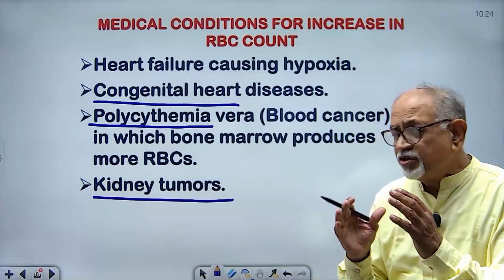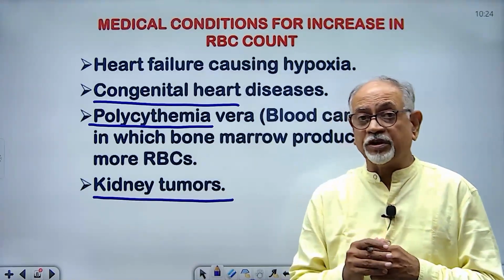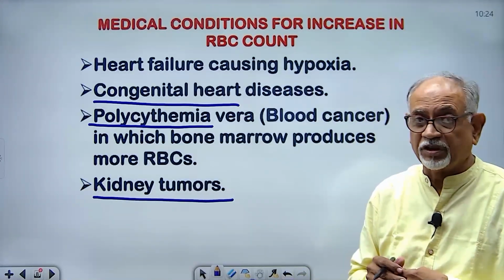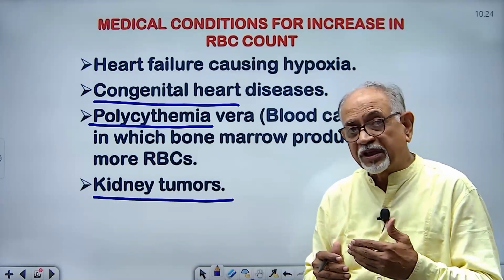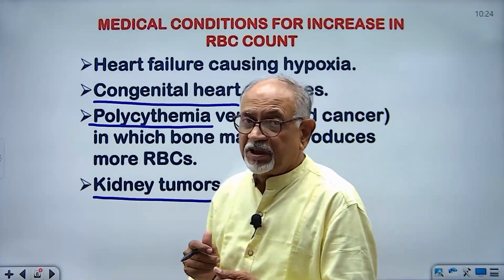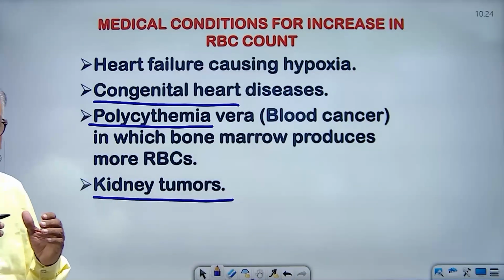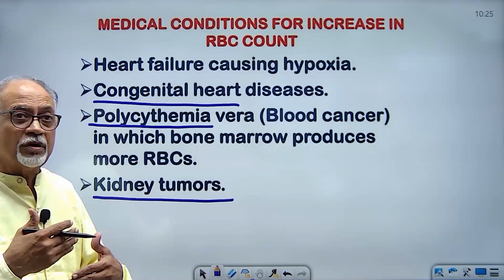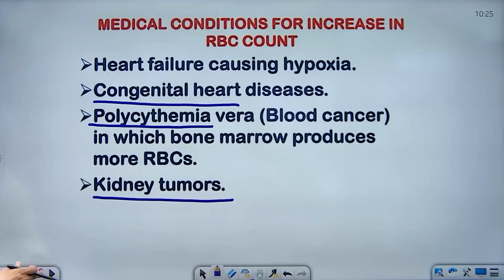If there is a tumor in the kidney, especially of hemopoietic tissue, then it will secrete more amount of erythropoietin, which is a hemopoietic stimulating factor. Then in that case, the number of RBCs produced will be abnormally more, so it will increase the RBC count.